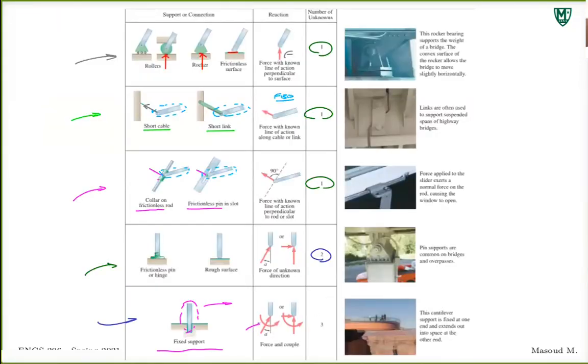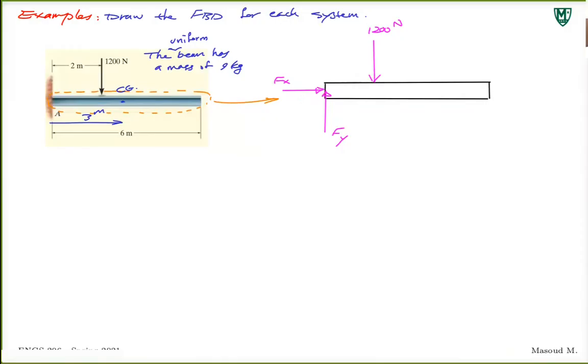And since it's a fixed support, I also have to take into account this moment, right? We said there are three unknowns here, three components: two components of force and a moment. So I put the moment also, again, don't be too worried about the direction for now. I'll put the moment in this direction. Maybe I should have used a different color, because I want to specify each of them as a category. So let's put this one this way and this way.